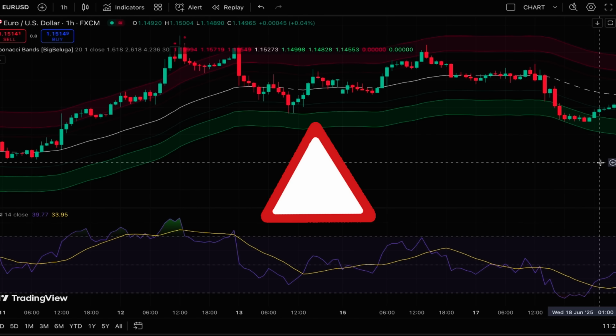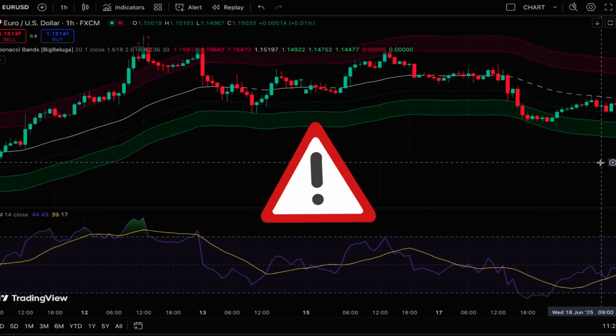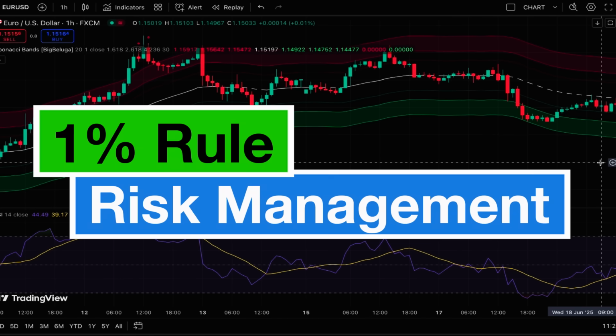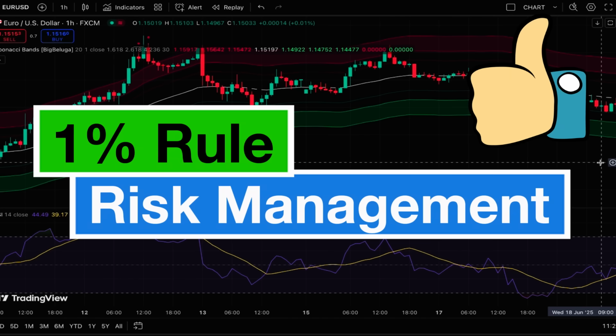These are all just probabilities, and you can never have a trading strategy with 100% win rate. So you need to manage your risk properly. Otherwise, you will definitely lose your trading account sooner or later. There is a risk management strategy that is called 1% rule, and it's one of the best risk management strategies that you can use.